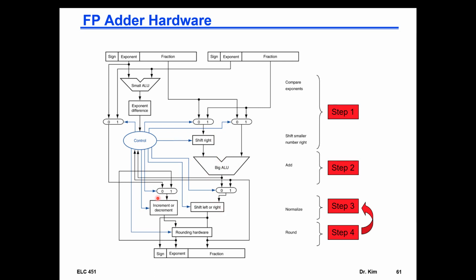Then this hardware over here is to do the normalization, where we're going to shift left or right the result and increment or decrement the exponent that we retained to do the normalization.